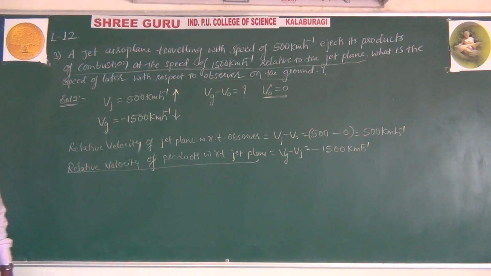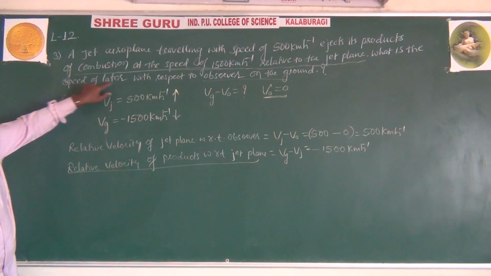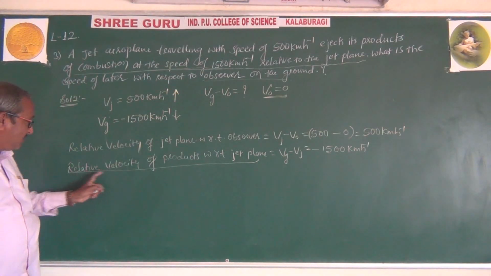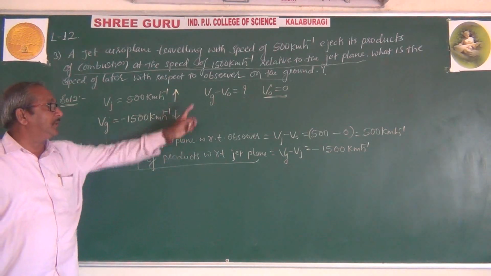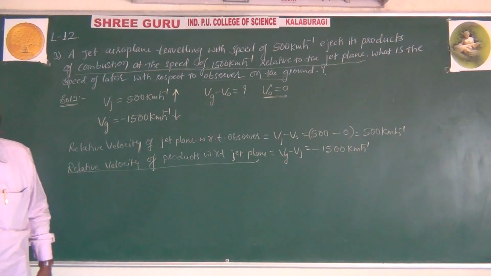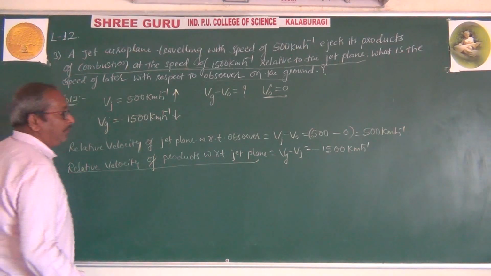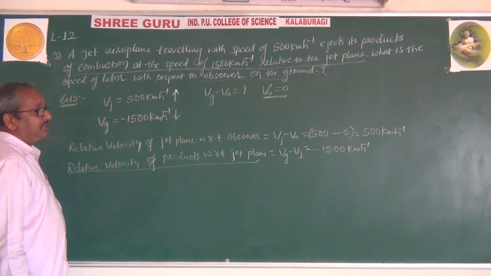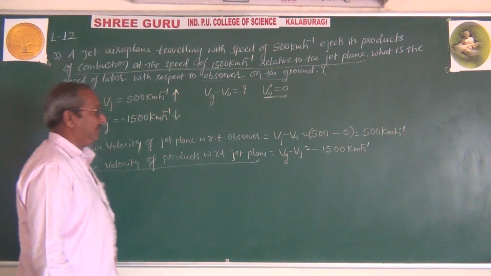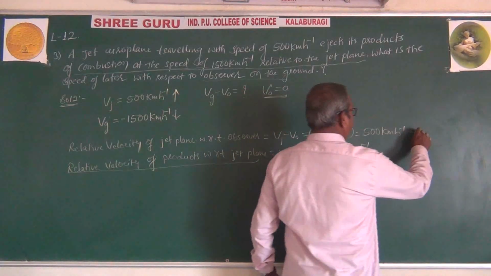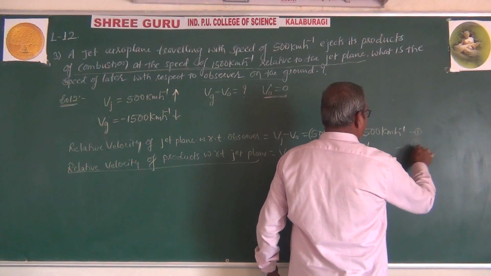Now we have to find out the speed of the latter, the velocity of the latter with respect to the observer. Velocity of the latter means velocity of the product with respect to the observer. For that purpose, we will go for adding these two equations. We want to eliminate Vj using these two equations. This is one equation, this is another equation.